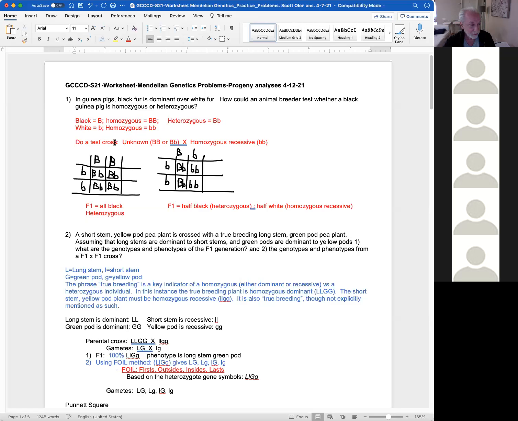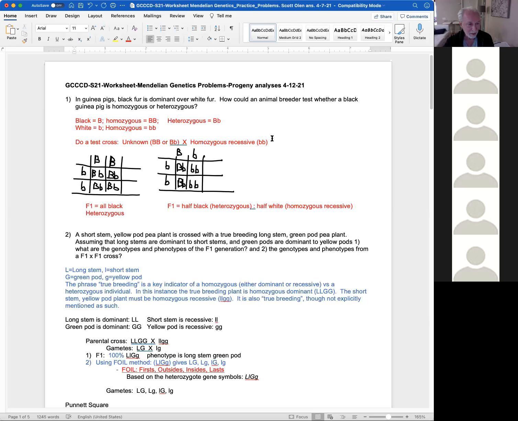Now, if the unknown is homozygous dominant, big B, then we get the Punnett square here on the left. Big B crossed with little b, and you can see that what that gives us is all heterozygotes, which means they're all black.